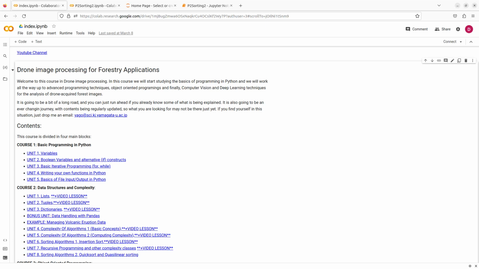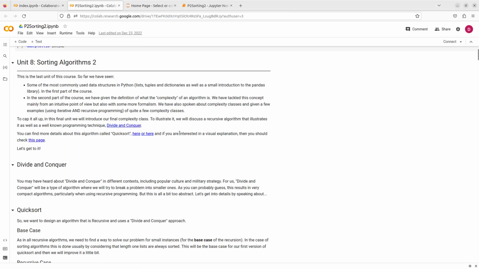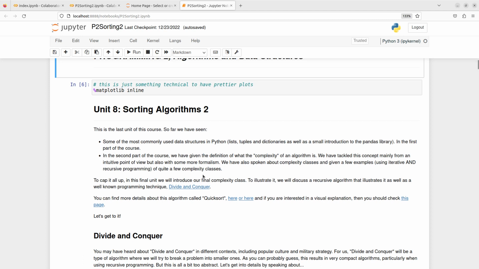So, in this final session of the course, this session about sorting 2, which you can find in the index notebook around here, and that you can see here in Google Colab, and that as usual, and because I want to avoid some annoying internet connection problems while recording this, I have downloaded to my computer.